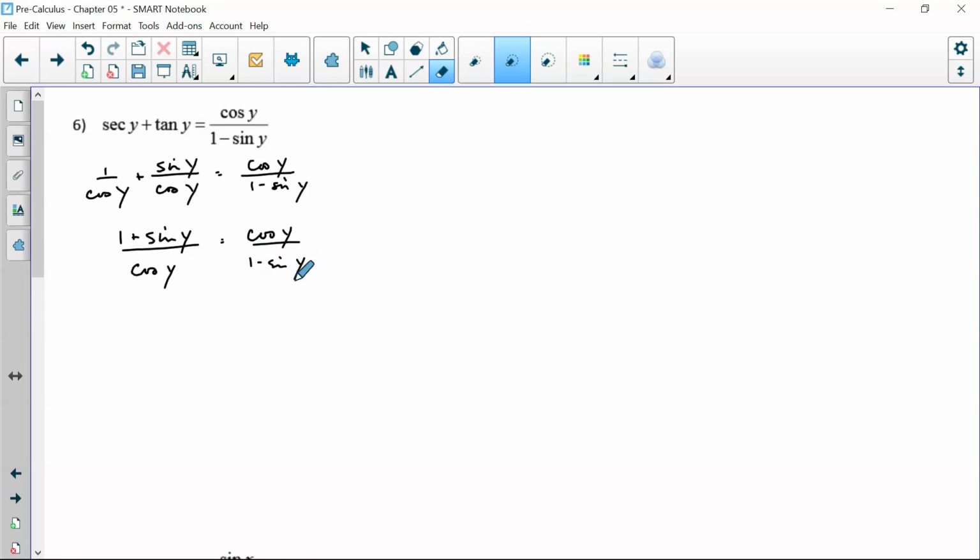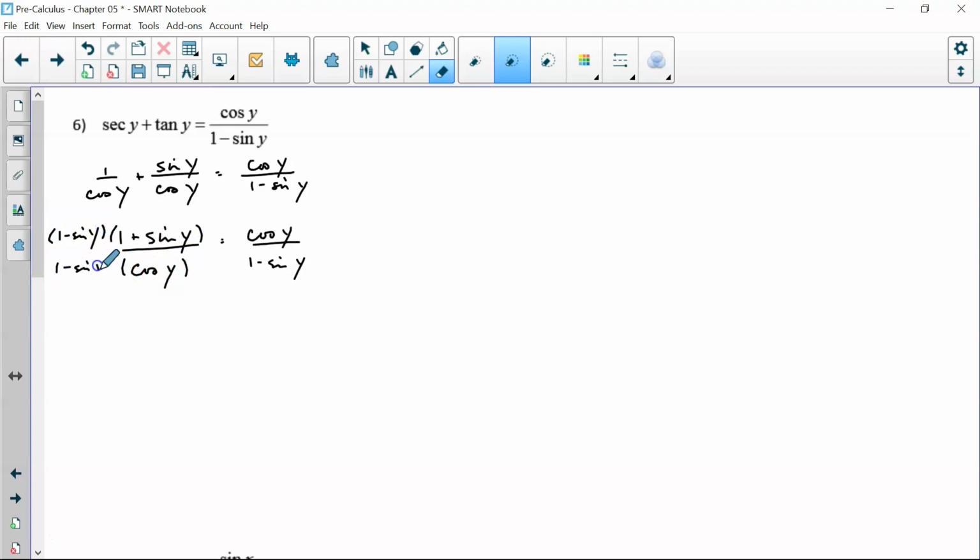Now, I need to do some more rewriting. When I see something like 1 plus sine y, I want to think about using the conjugate. So I'm going to multiply the top and the bottom by 1 minus the sine of y.